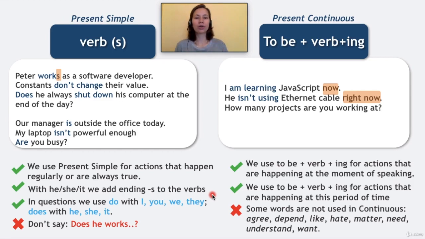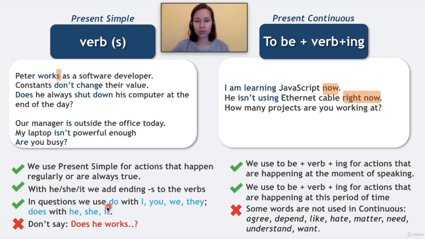So I work, you work, but he works, she works, it works, and then we work, they work. Lots of people make this mistake, so pay attention to this letter that you have to add with he, she, it in positive sentences. Speaking about negative sentences and questions, you can look down here.